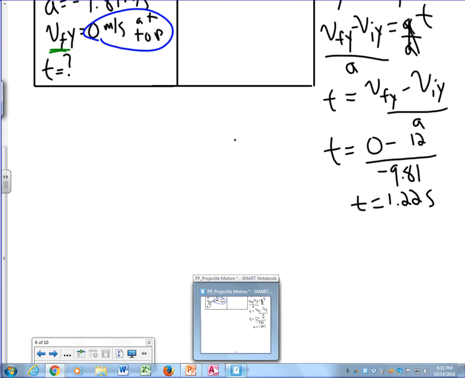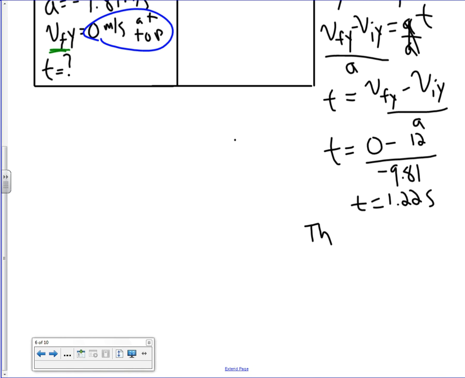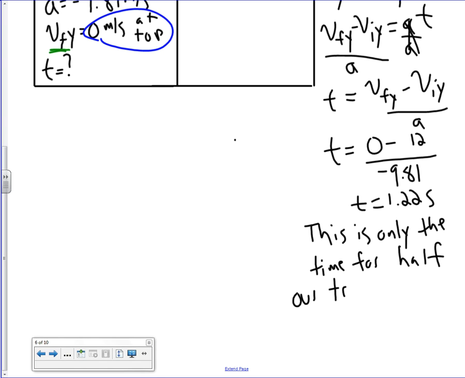So now you have to say something along the line of, this is only the time for half our trajectory, if we want to be all physicsy. Trajectory.